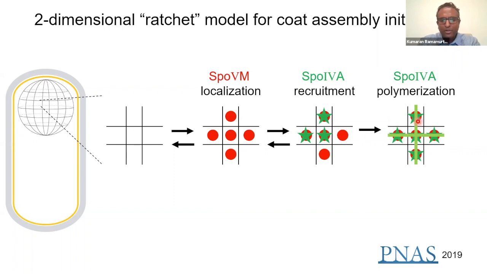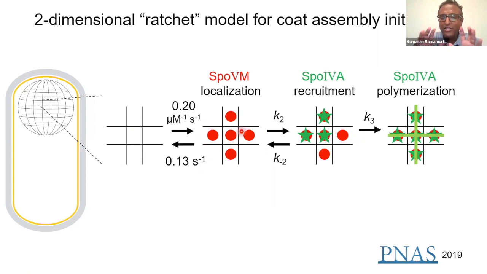Okay, so if you have a model like this, you can actually propose that it's a quantitative model because you can assign what are called rate constants to each one of these steps that you can individually measure. Now, earlier during the talk, I showed you what the on rate was of SpoVM, and I told you that we can also measure an off rate for this.